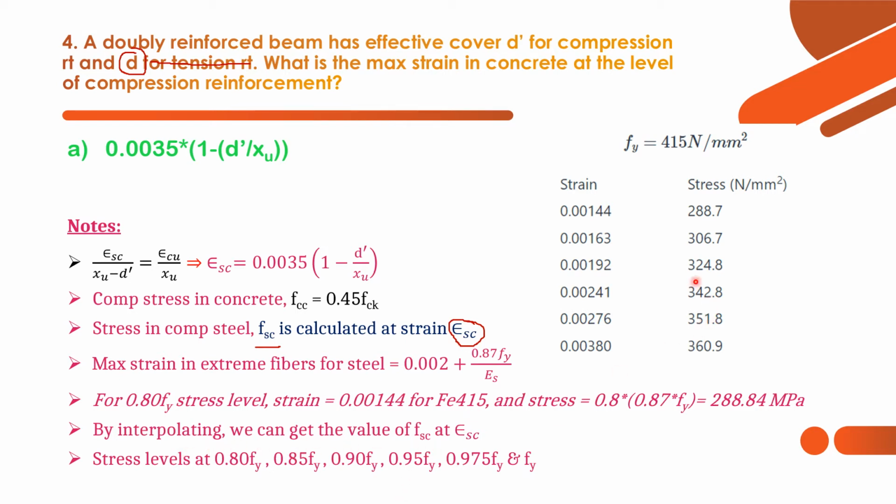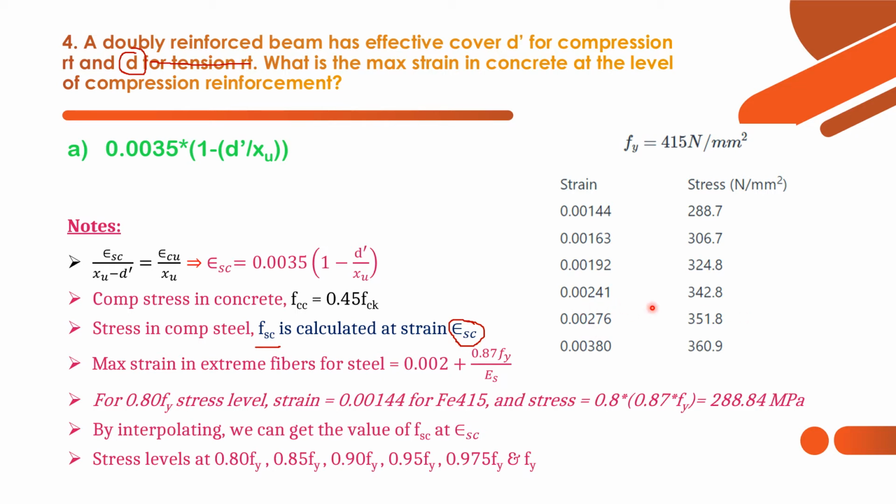By interpolating this table, we can get the value of FSC, that is the compressive stress in steel, corresponding to the strain in compression steel, that is denoted as epsilon SC. For example, epsilon SC is 0.0025, then somewhere between 0.00241 and 0.00276 the strain is lying.